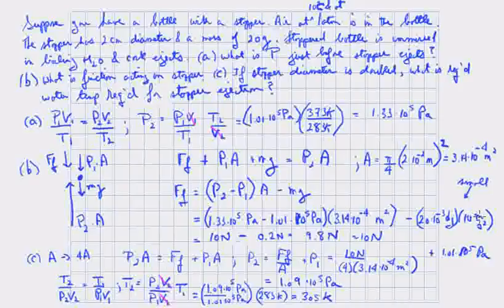I'm just using 10 here. And so that computes out to be 10 newtons minus 0.2, which is 9.8. We'll just round that off and say 10 newtons for the frictional force, and acknowledge that the weight of the cork has a fairly minimal effect.